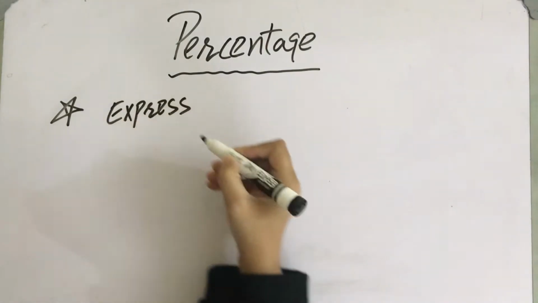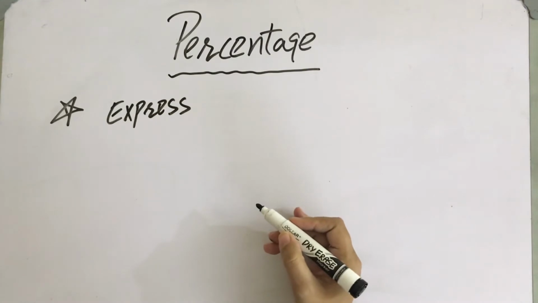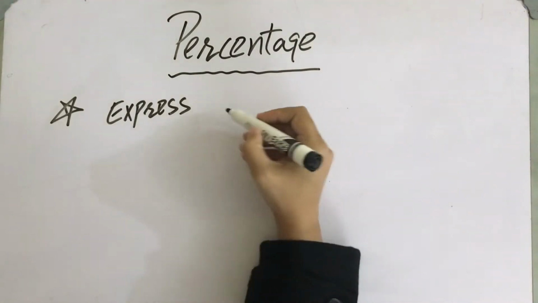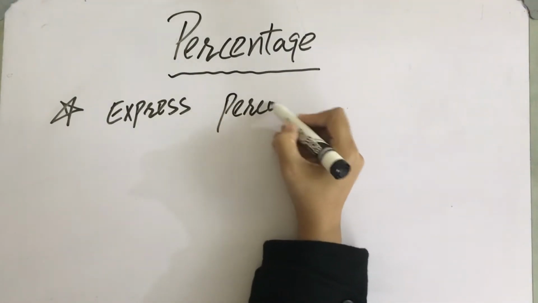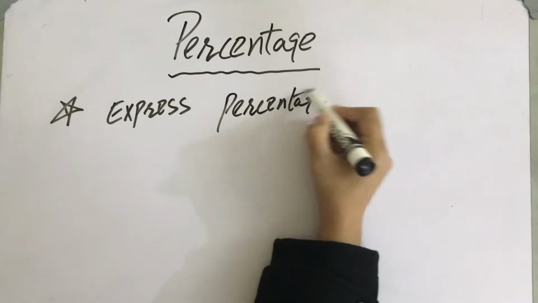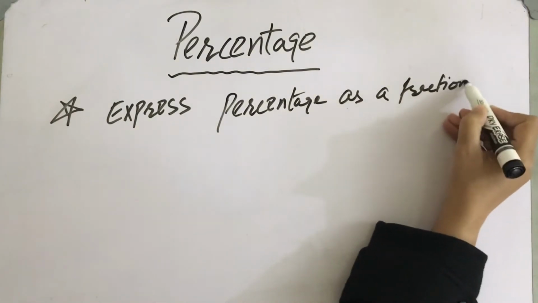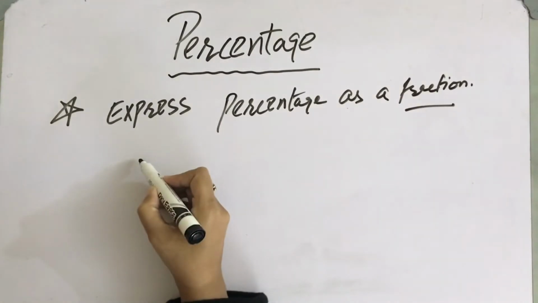There are different ways to give the questions of percentage. Few initial things. When you have to express a percentage as a fraction, you have to give your answer as a fraction.